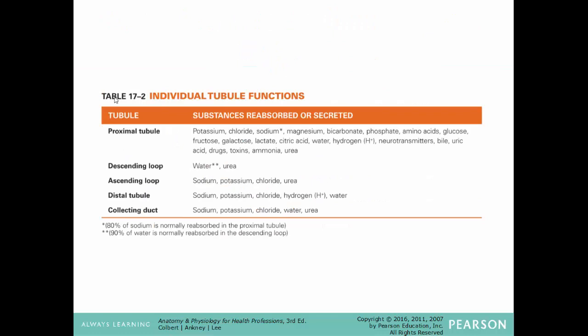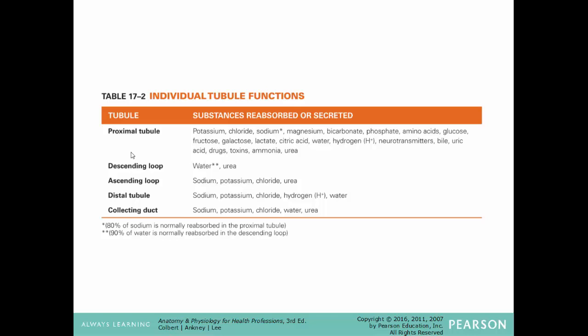Here's a good table on individual tubule functions. On this side we have the actual portion of the tubule, and what can be reabsorbed or secreted. See the proximal tubule, a very long list. Most of the material that gets filtered in the glomerulus, about 70% of that will get reabsorbed in the proximal convoluted tubule.